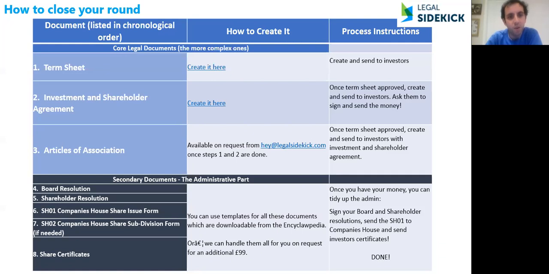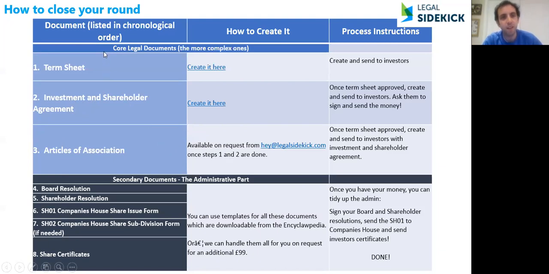Often you don't need to update your articles of association, which is like your company constitution. That's point 3, because the relevant points are covered in your investment and shareholders agreement. But if you do want an additional one, then we can also put that together for you.